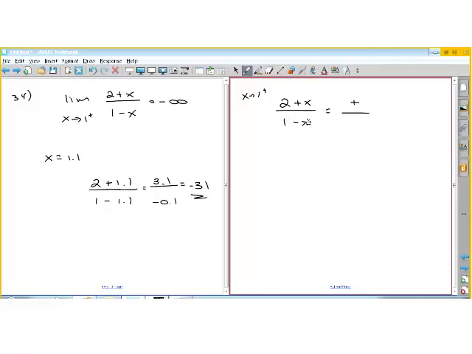If you subtract a larger number from a smaller number, then you get negative. If you subtract a smaller number from a larger number, then you have positive. So 1 minus a slightly larger number is going to be negative. And therefore the answer is negative infinity, which is the same thing we came up with here.